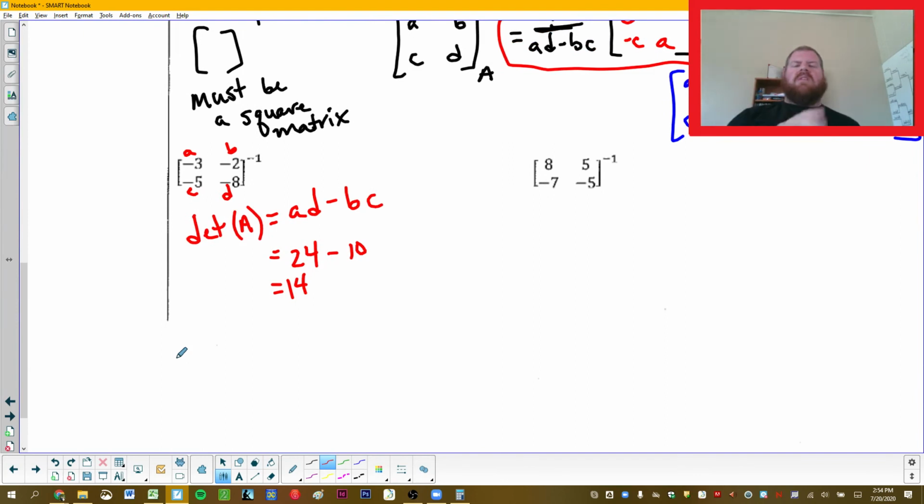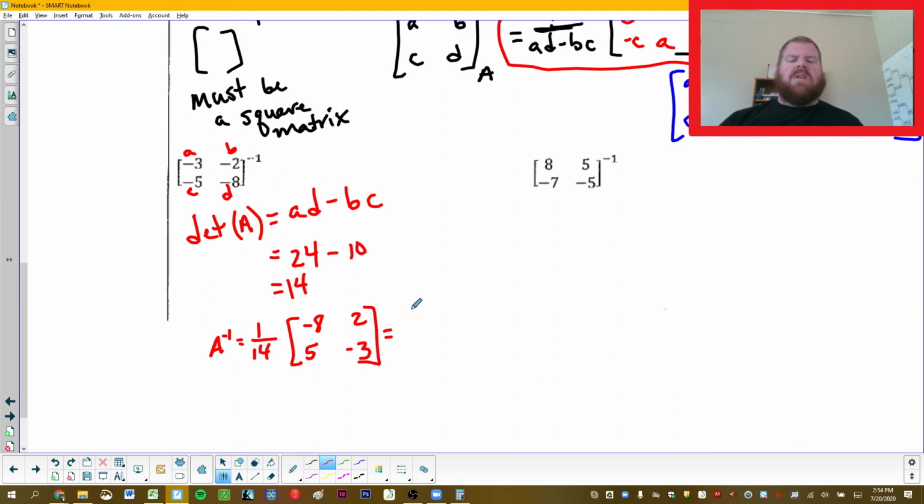So I will be dividing by 14, or multiplying by 1 over 14. The inverse of this matrix is 1 over 14 times the matrix when we, again, mess with the positions and the signs. We're going to flip A and D, -8 and -3, and we're going to change the signs on B and C, 2 and 5.